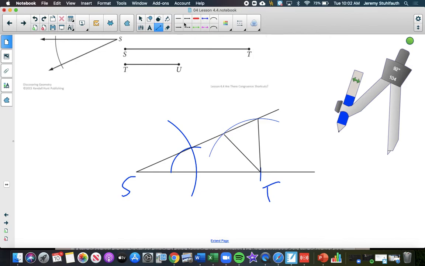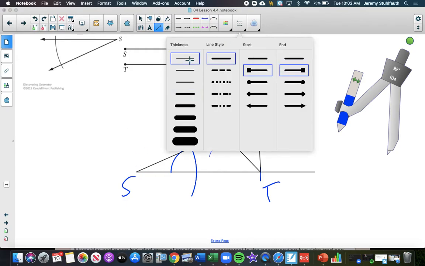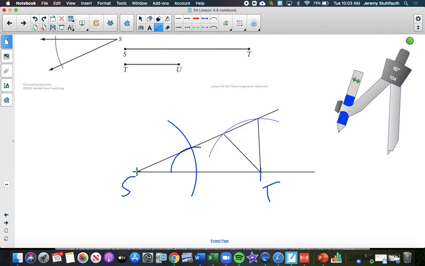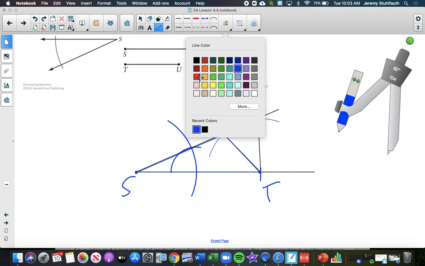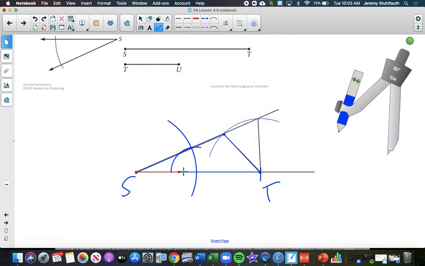Okay, so you have this triangle where you have these sides right here, S, T, U, like so. But you could also have another triangle. You could also have S, T, U.